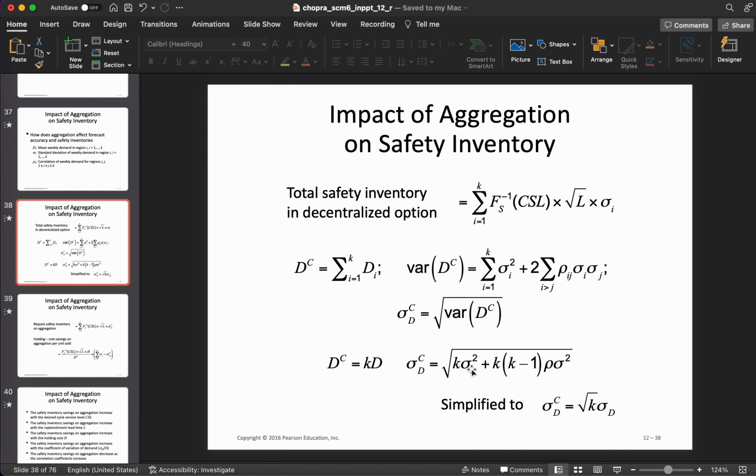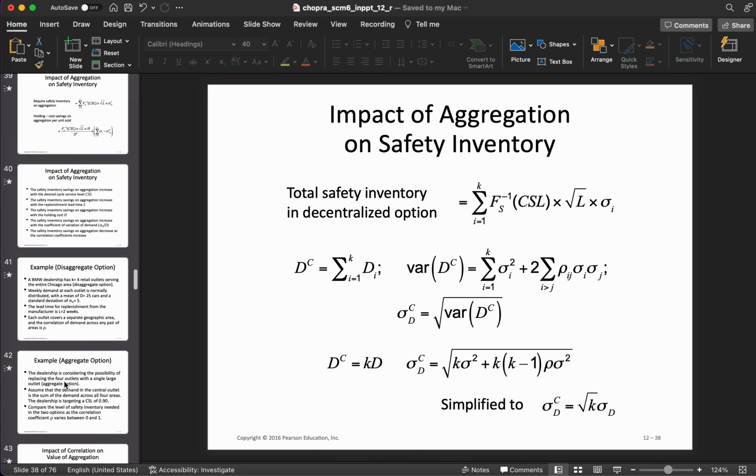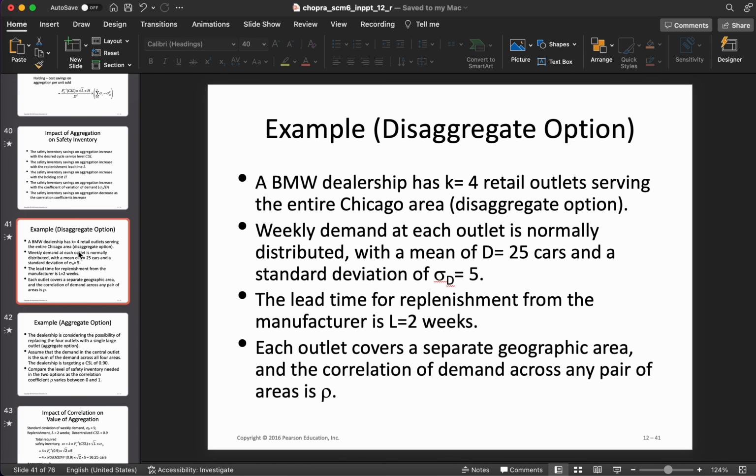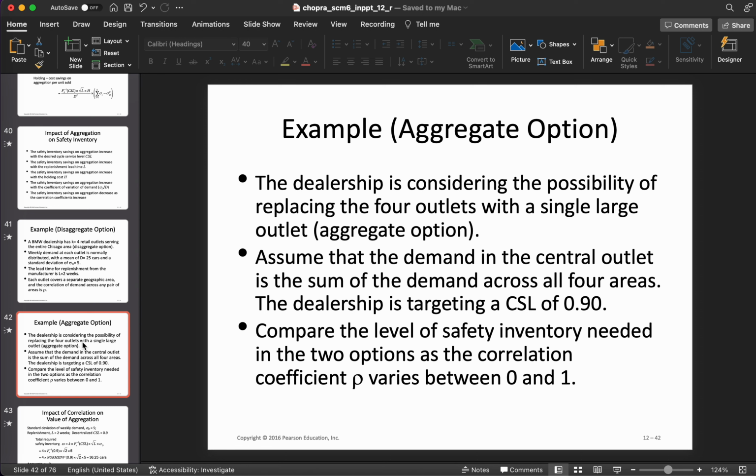But if correlation and standard deviations are the same, then this is the formula that we'll use for the standard deviation of the aggregated demand. Now, if we aggregate them into a single outlet, the dealership is considering the possibility of replacing the 4 BMW outlets with a single large outlet.